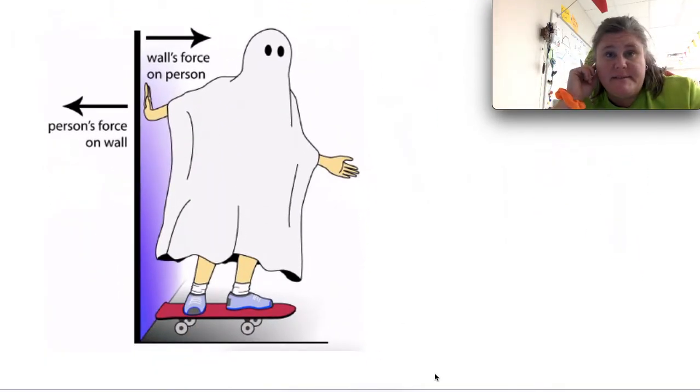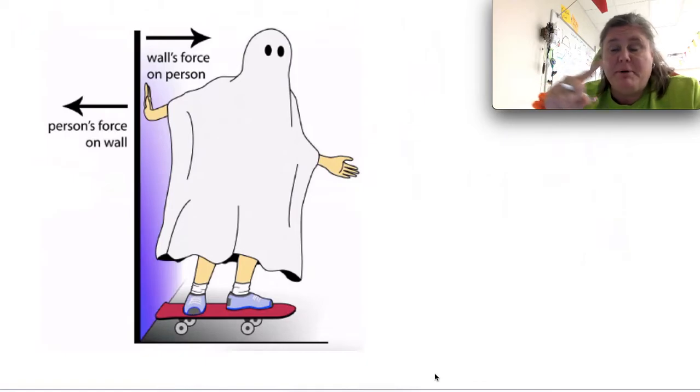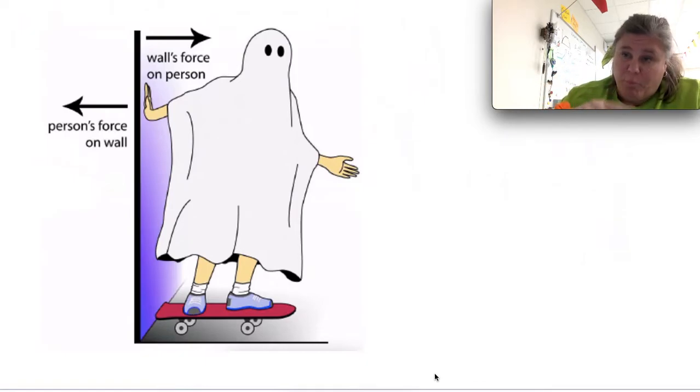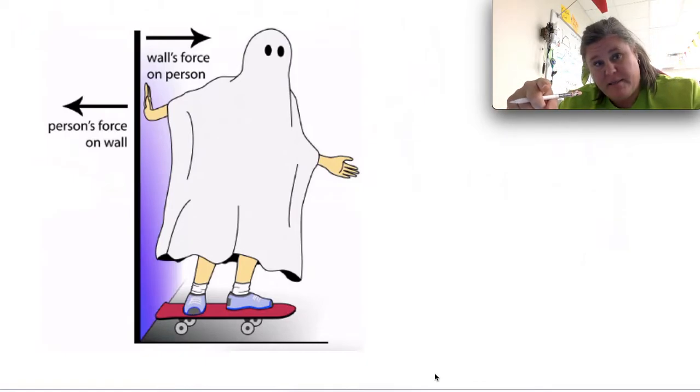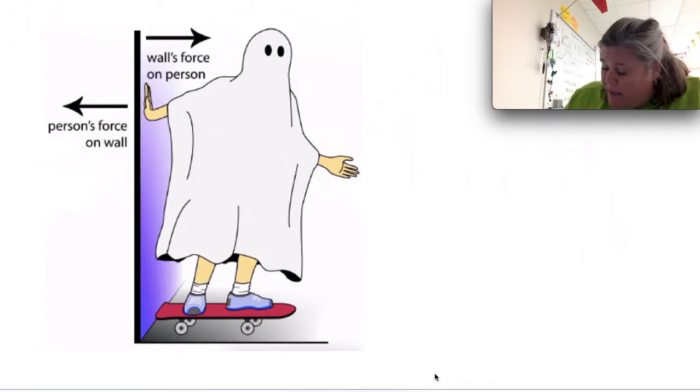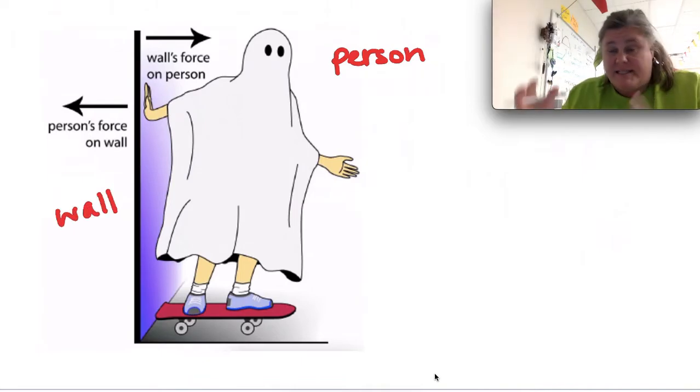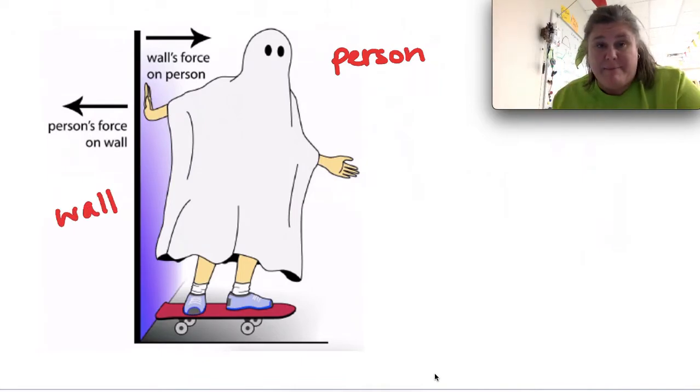Here, right? This person pushes on the wall, and the wall pushes on the person. Okay? So we have two objects. We have the ghost or the person, and then we have the wall. This is the interaction between those two objects.